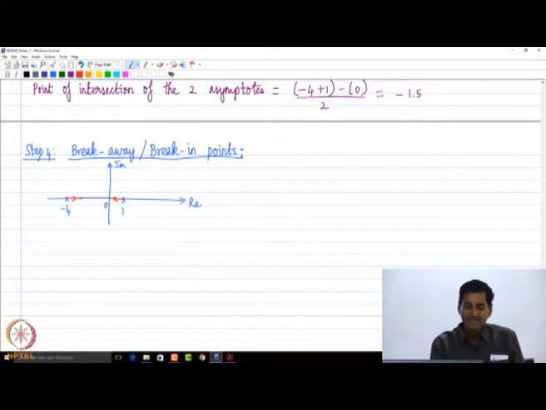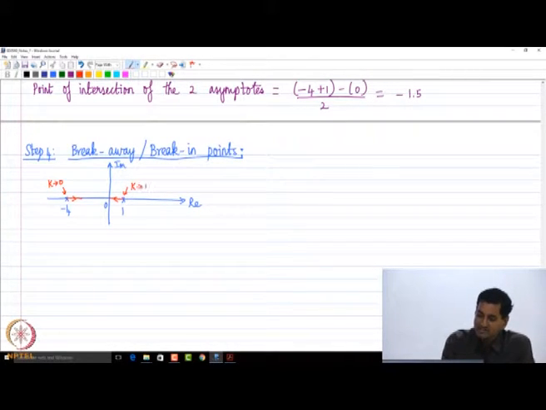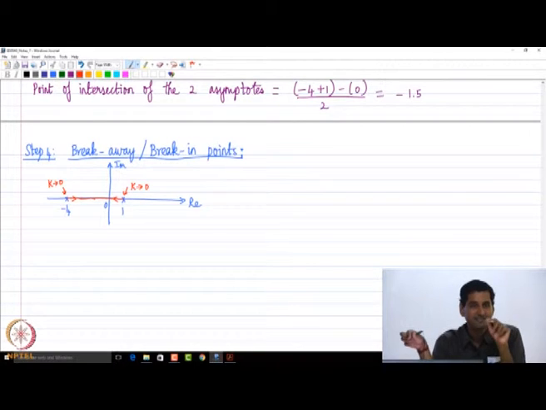As k keeps on increasing from 0, please note that my root locus will start at the open loop poles as k tends to 0. As k keeps on increasing, this branch comes towards the right, this branch comes towards the left, and at some point they are going to meet each other.